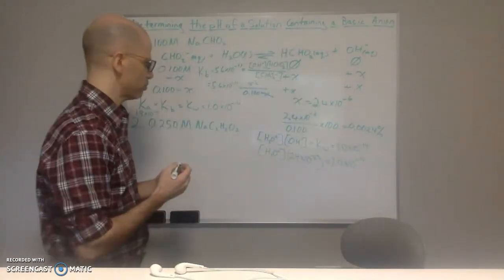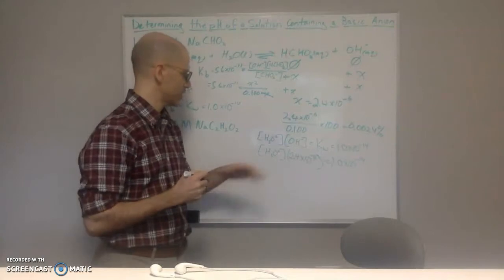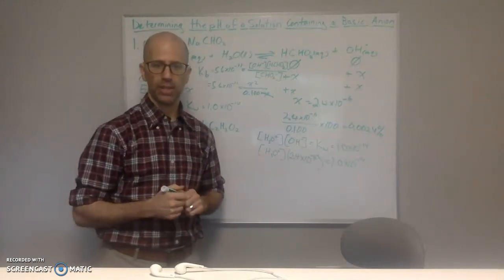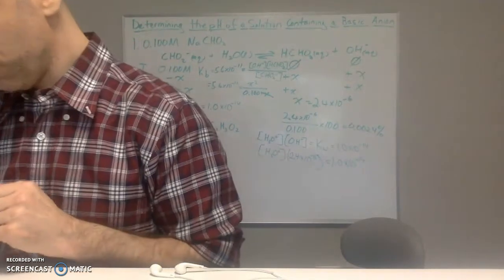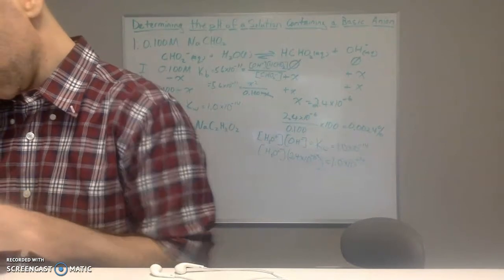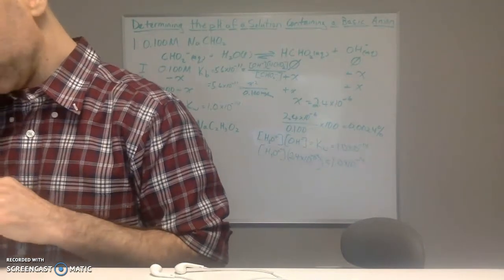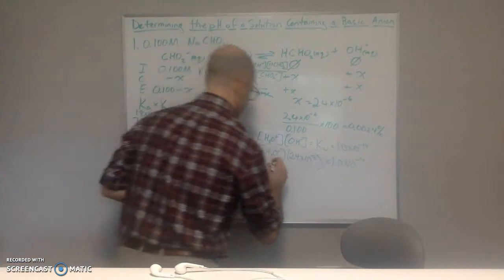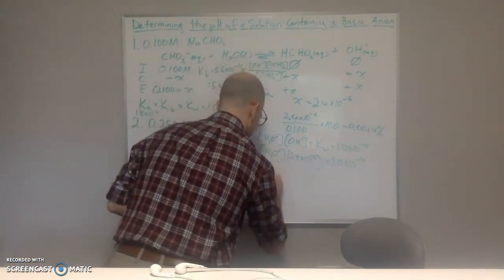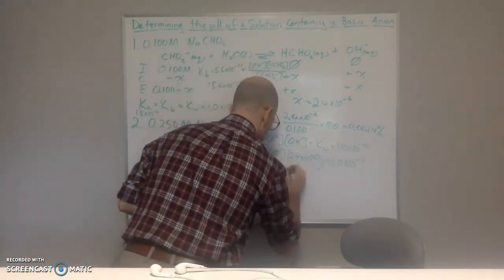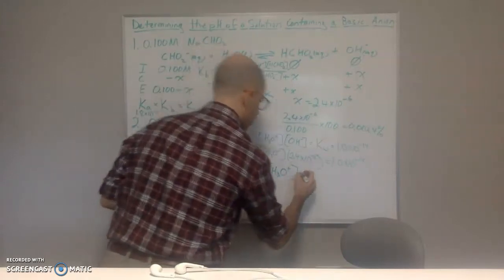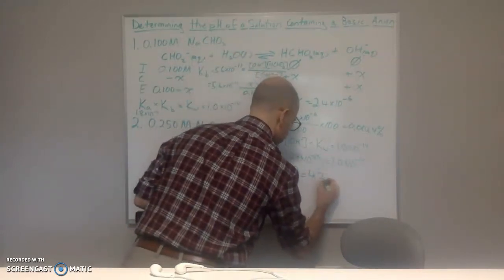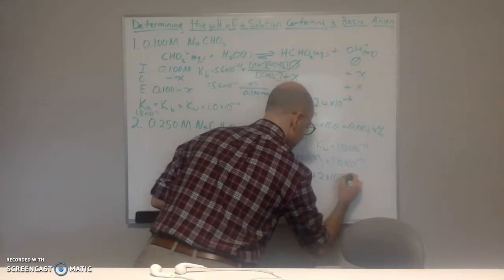Divide both sides by 2.4 times 10 to the negative 6, and you'll get your H plus concentration. And we find that to be 4.2 times 10 to the negative 9. So the concentration of hydronium ion is 4.2 times 10 to the negative 9.